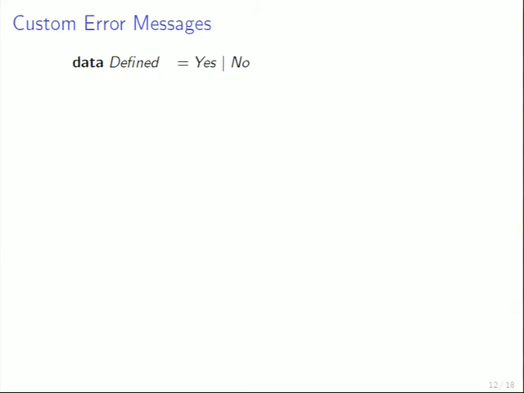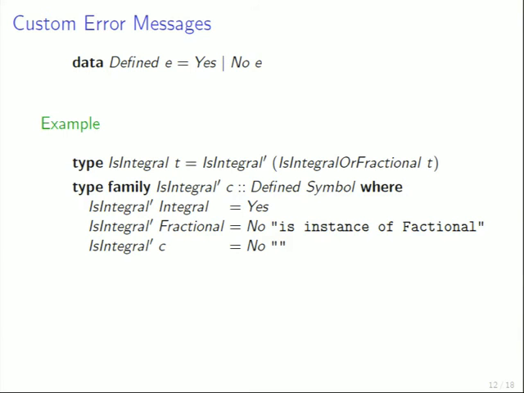Okay, we can also provide additional error messages. So this was the type we defined, and what we can do is add some additional data to the no case, where we say, well, it is no, but perhaps I want to give you a reason why the answer is no. Like, for example, in the integral example we have seen earlier, in the case that we find that something is an instance of fractional, we say no, and then we can say, well, you cannot expect that to be an instance of integral because we have already seen that it is an instance of fractional.